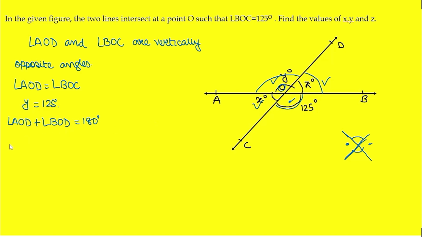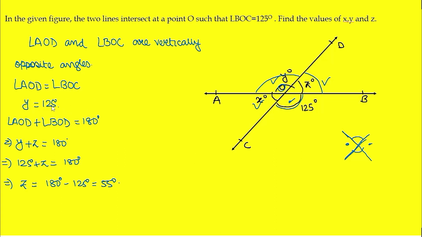AOD measures Y and angle BOD measures Z. So Y, which is already found, is 125 degrees, plus Z equals 180 degrees. So Z measures 180 degrees minus 125 degrees, that is 55 degrees.